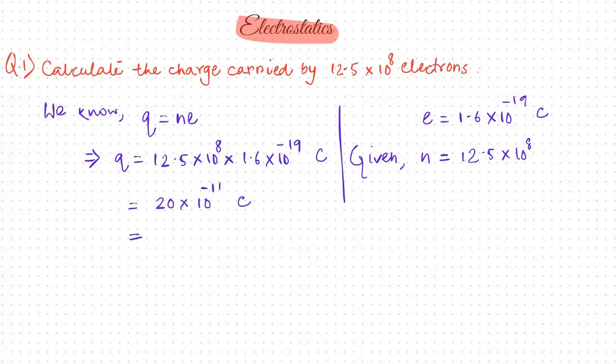Or we can write it as 2 into 10 to the power minus 10 coulomb. So this is our answer. So Q, the charge carried by 12.5 into 10 to the power 8 electrons, is 2 into 10 to the power minus 10 coulomb.